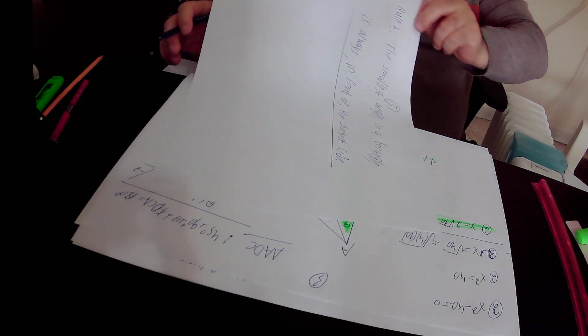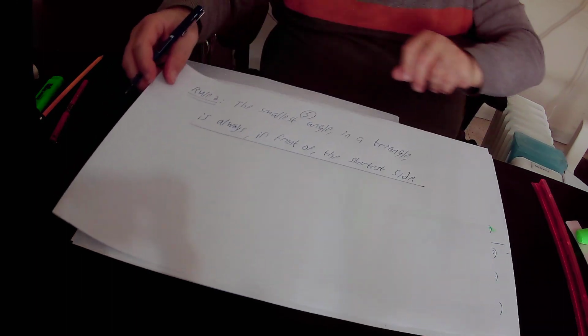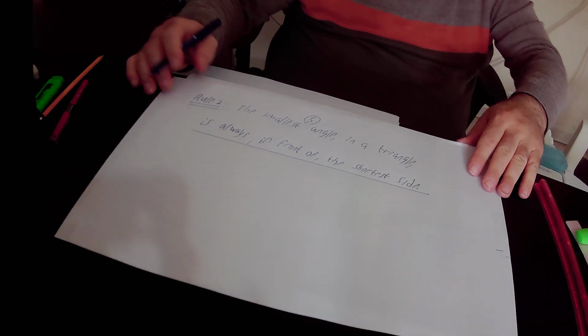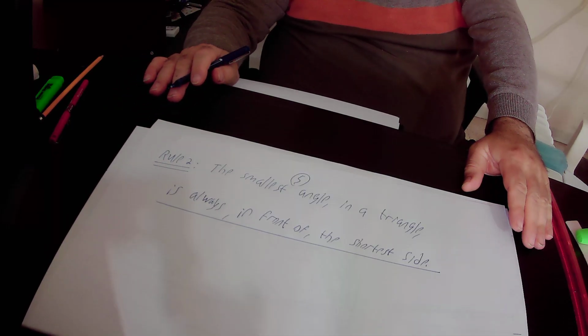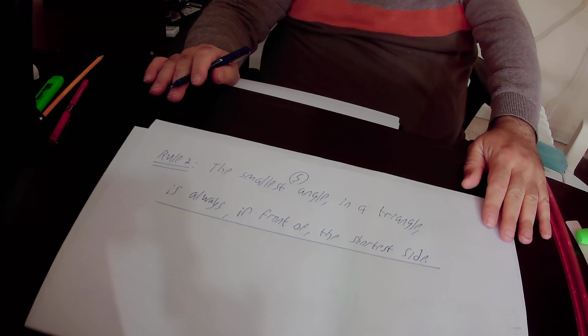I read rule number 2 again. According to rule number 2, the smallest angle in a triangle is always in front of the shortest side.